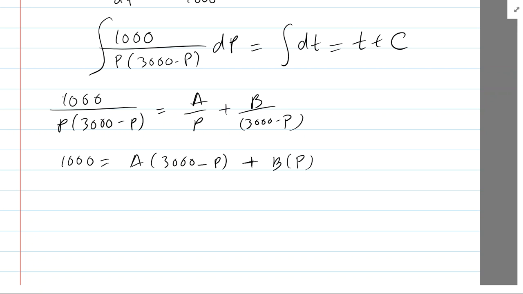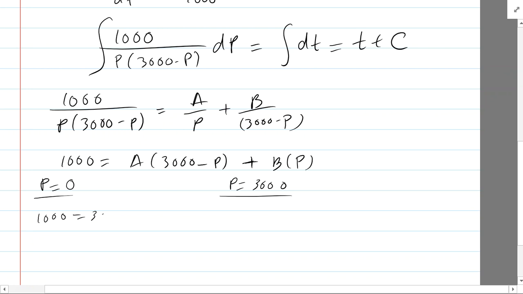All right, so what am I going to choose for my P, the first one? 0. And then what's my other one going to be? P equals 3,000. If I pick 0, B goes away. And if B goes away, then I have 1,000 equals 3,000 A. And what does A equal? This is not 1 over L, this is 1/3, and it's because of the 1,000 with the K. It works out nicely.